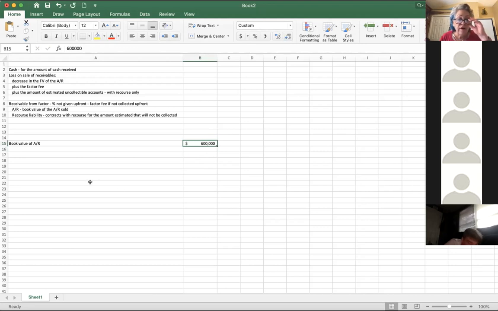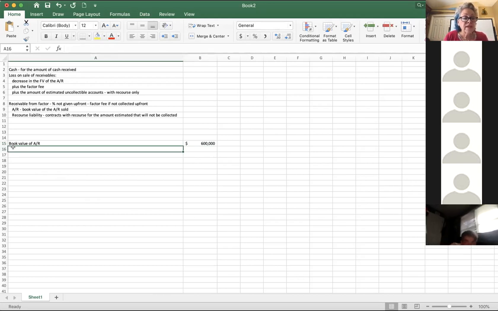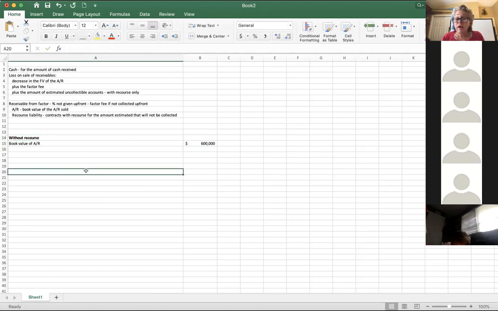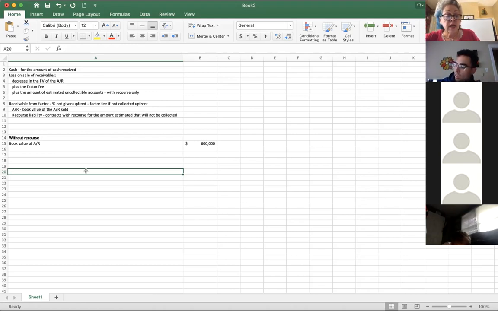And this is a without recourse contract, meaning, who retains the risk of uncollectability? The buyer. Good, the buyer, because they cannot come back to me. So the buyer is assuming the risk of uncollectability.